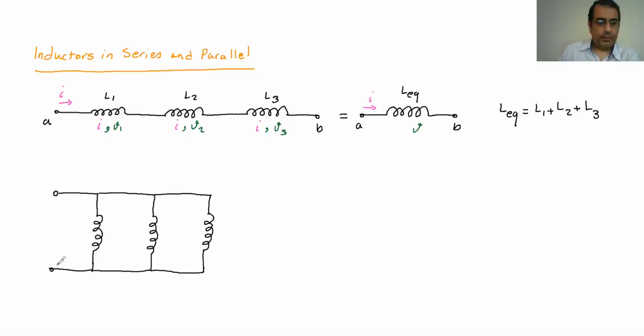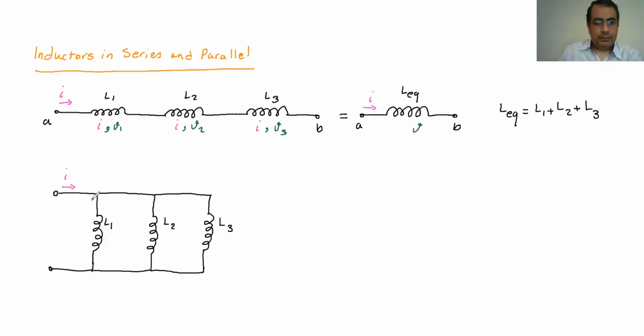For example, this one is going to be L1, this one will be L2, and this one is going to be L3. And then the current that goes through here is going to be I.